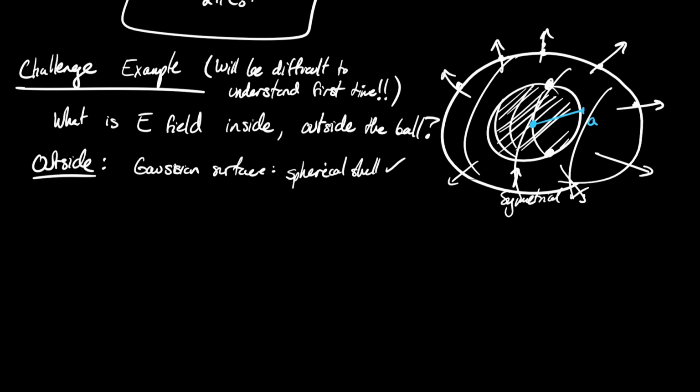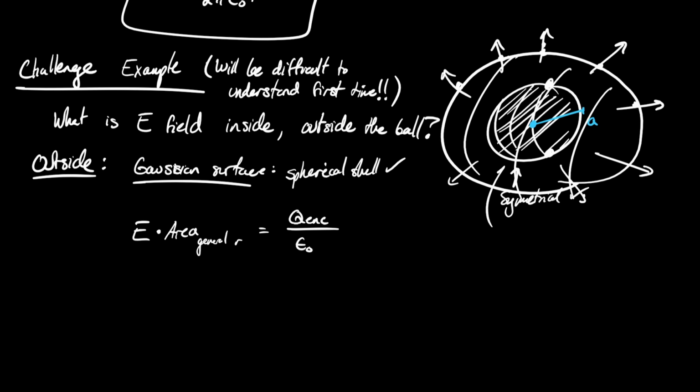Now we can just instantly write out Gauss's law. Now remember, since we've picked a nice Gaussian surface, we've picked really smartly, it just simplifies to electric field times the area of the surface is the enclosed charge divided by epsilon 0.